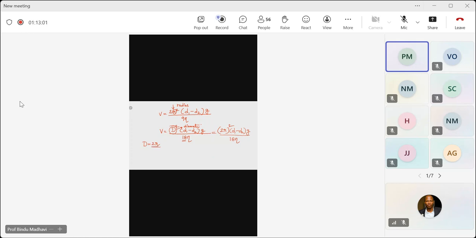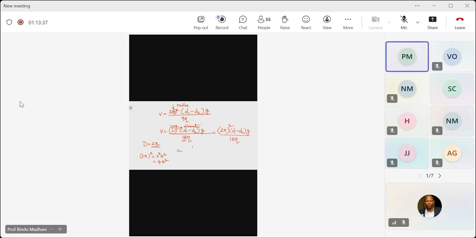So now when you expand this, 2R whole square is nothing but 2 square and R square, which is 4R square. Do you agree? Yes, I agree.